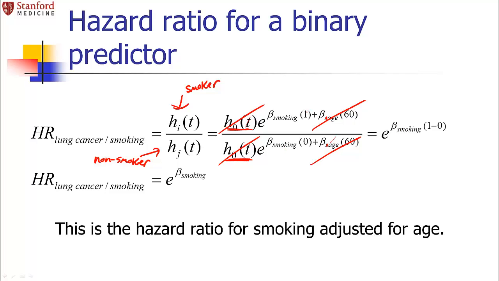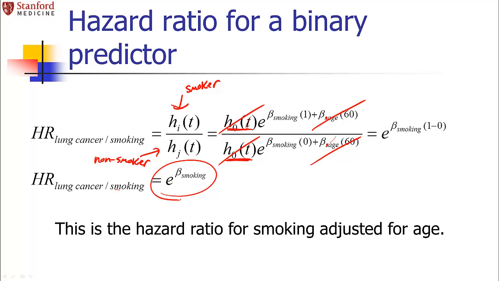If we have a binary variable for smoking and I exponentiate that beta for smoking, that will give me the hazard ratio for, say, the outcome here being lung cancer, for smokers versus non-smokers, adjusted for everything else in the model. And notice that I never had to specify the baseline hazard function in order to get the hazard ratio. I can just cancel it out. So if I take the beta for smoking and exponentiate it, I get the hazard ratio for smoking, in this case adjusted for age.